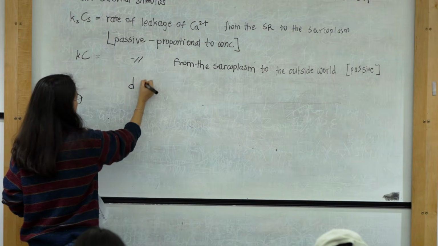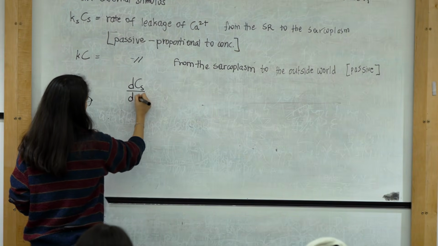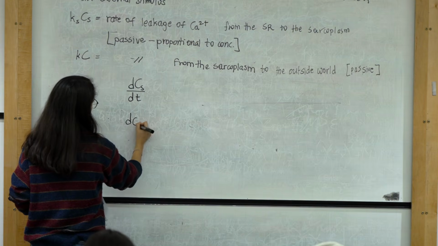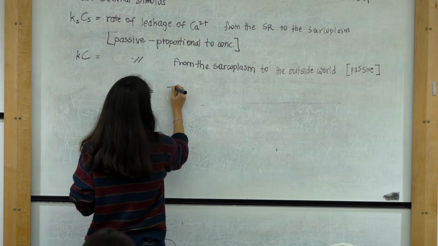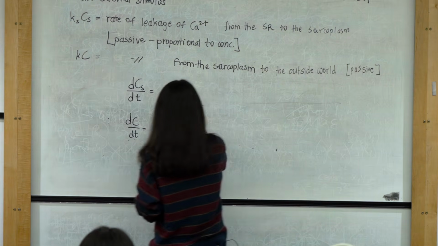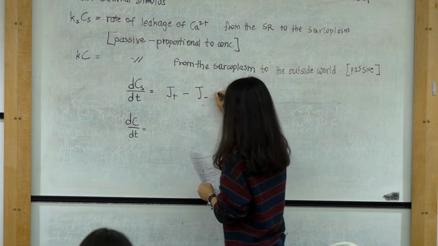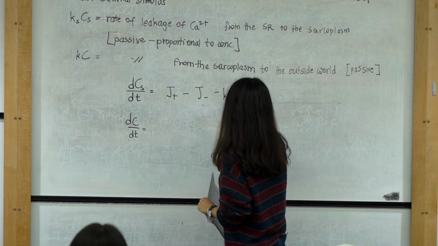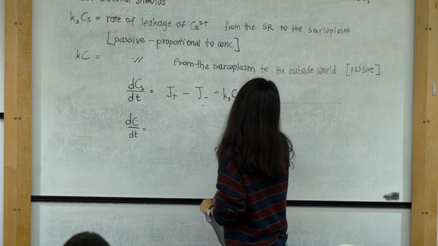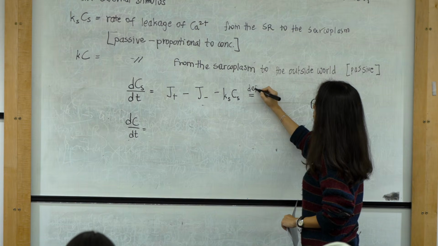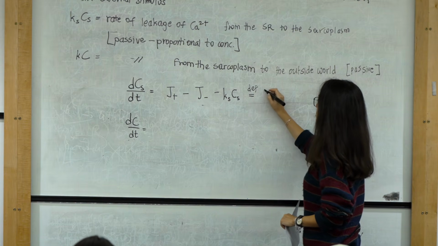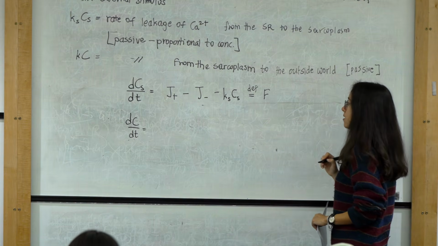I have dCS/dt. I will define these two things, they are formulas. I will also use F here because I will be using it later, so I don't want to keep cutting this. So this is capital F for us.